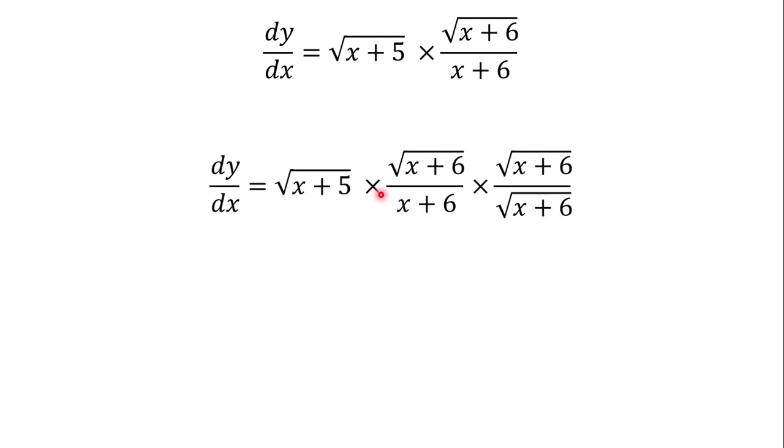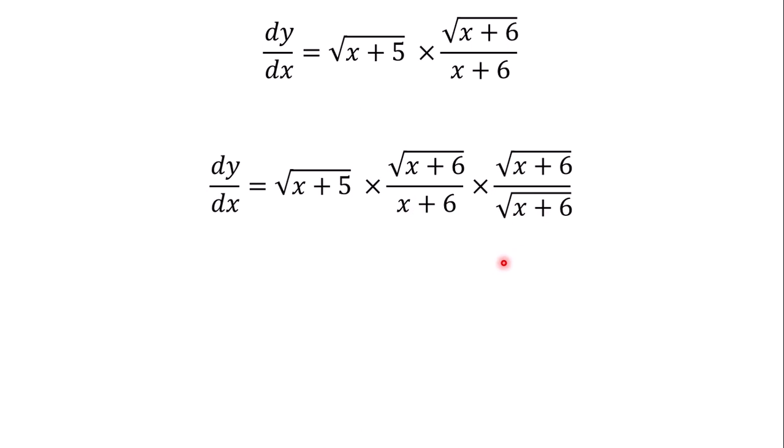When we multiply x plus 6 by this one, we get x plus 6 times square root of x plus 5, divided by the product of this and then that.